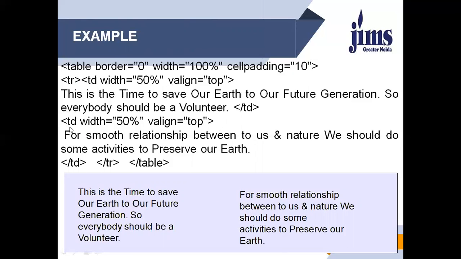Then in another TD tag, you again mention the width equal to 50%, valign top, and whatever content you want to give, that content will come. And then you close this TD tag, and then you close this TR tag and the table tag. So this is how your output will look. It is in the form of two columns in a newspaper format.